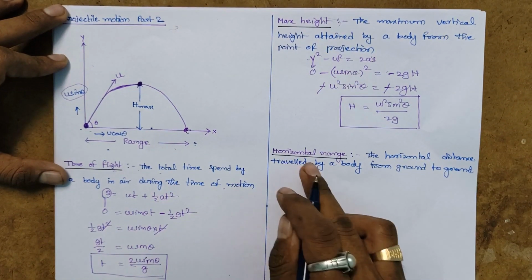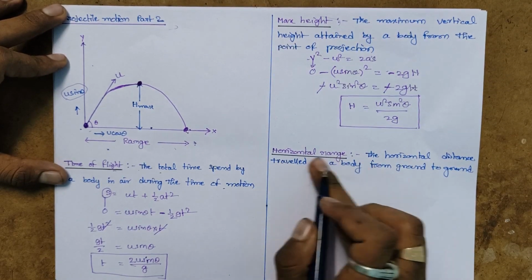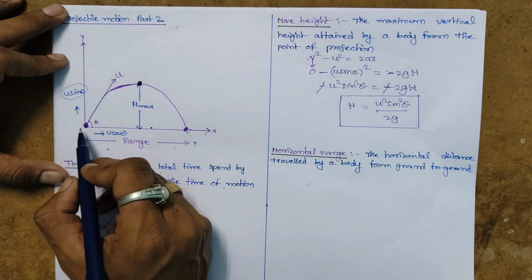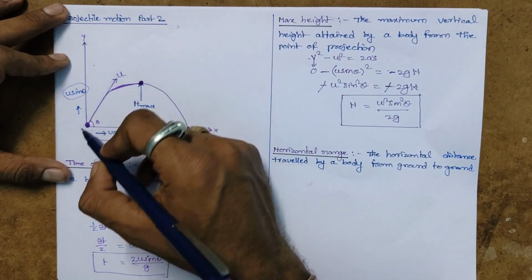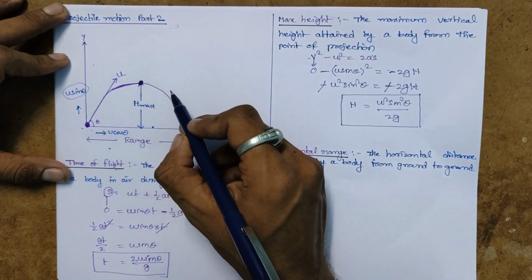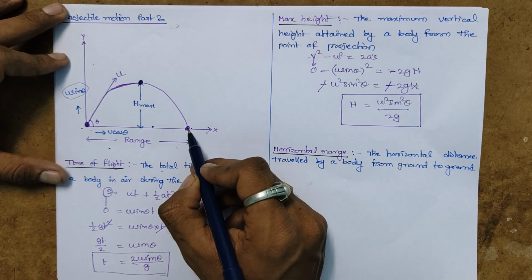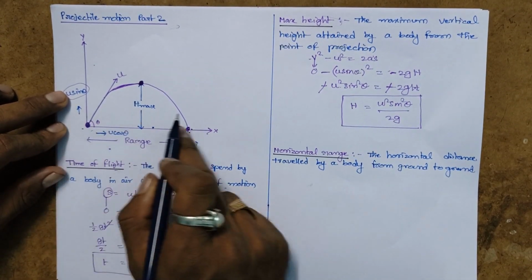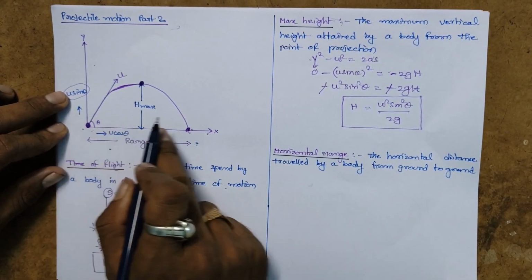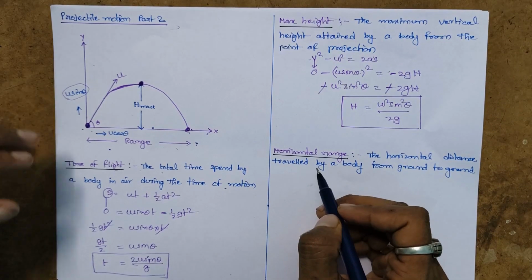Okay. So coming to the last one, that is maximum horizontal range. Look here. This is the initial position. We are sending the body with some initial velocity. Because of that, the body is moving like this and finally it touches the ground, isn't it? So from ground to ground, how much distance the body covered, that is called horizontal range.